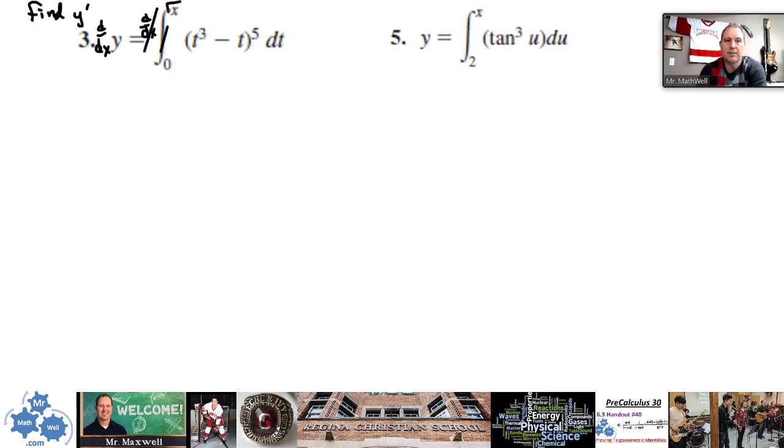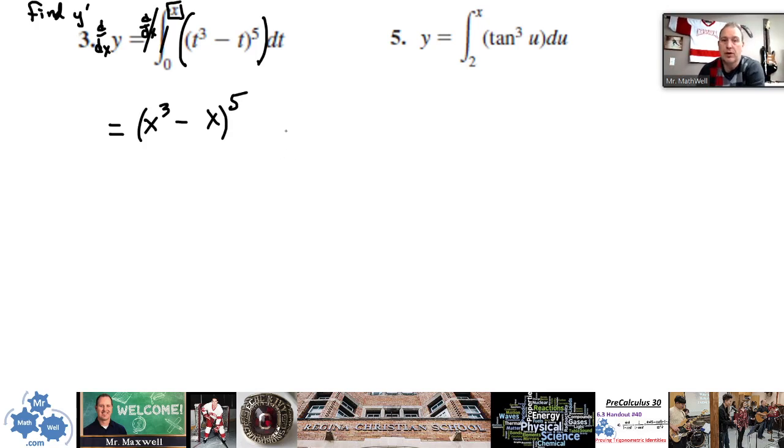And I have a simple x right up here, so that goes in for the variable in my integrand right here. And so the answer to this, if you take the derivative of y, the derivative of an integral gets the original integrand back, except with this variable. So this is simply (x cubed minus x) all to the power of 5. That 5's outside the brackets. And that's it.